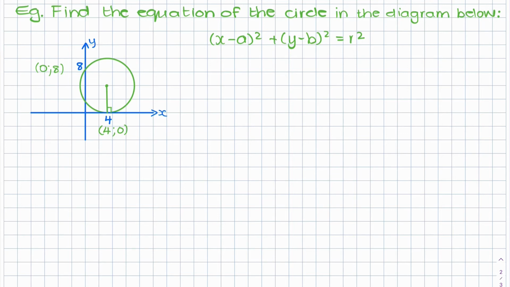So what we have is this length here from the point of contact up to the center of the circle. That is the radius, and we can call that r. We don't know the length of the radius, but we know that we can represent it with the value r. And if we look at what that value would be on the y-axis, whatever the radius value is, that is going to be that same value on the y-axis.